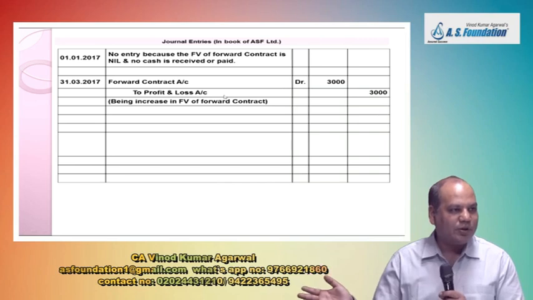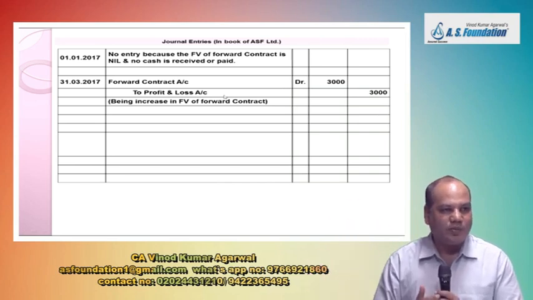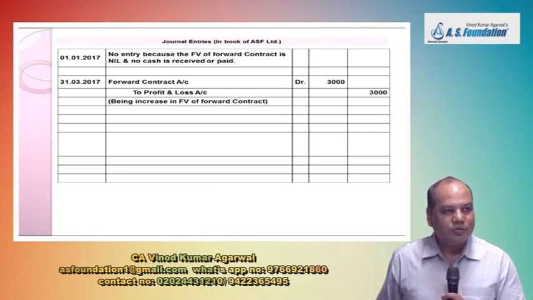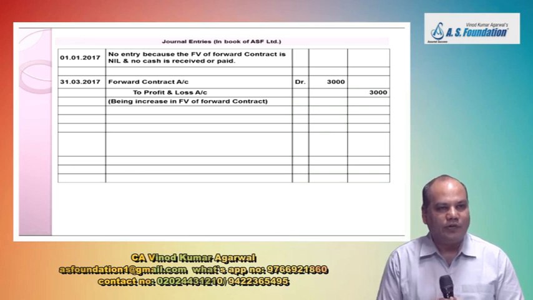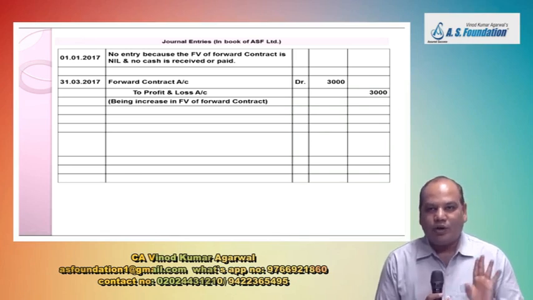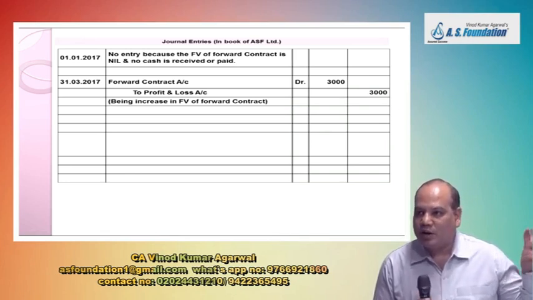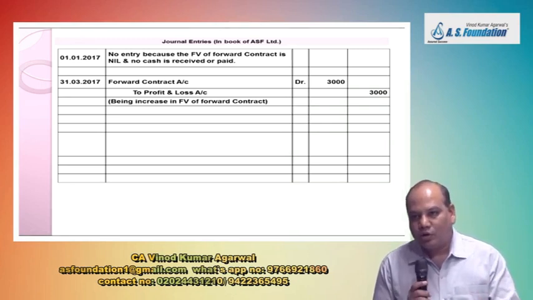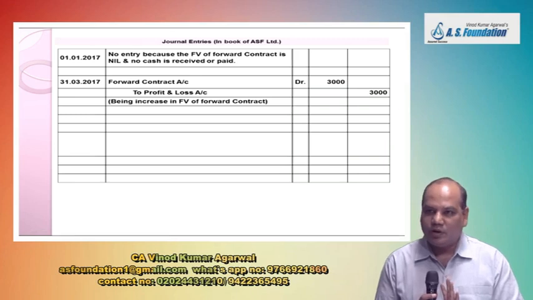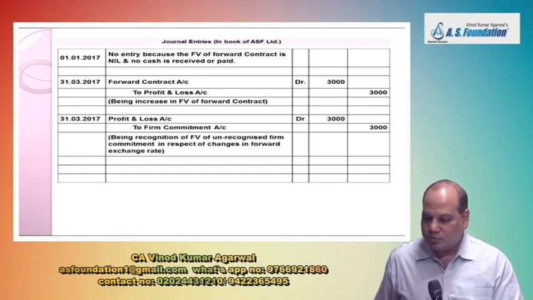Gain on this means there would have been a loss on the firm commitment. So you have to bring that also into books. Entry for loss on firm commitment contract. If the exchange rate changes and the derivative is generating a gain, it means the underlying is generating the loss. Is it right? So same amount, loss entry.